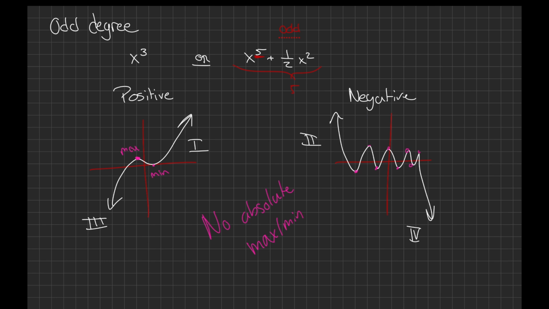This is very clear because on both ends, our functions will just keep increasing to infinity. So that's positive infinity. This one here is negative infinity. So that means no matter what the maximum or minimum is, for example, this one could go up here and then keep going. But no matter what it is, it will never be as big as infinity. And so we know that it never has an absolute maximum because it covers both ends of the infinities.